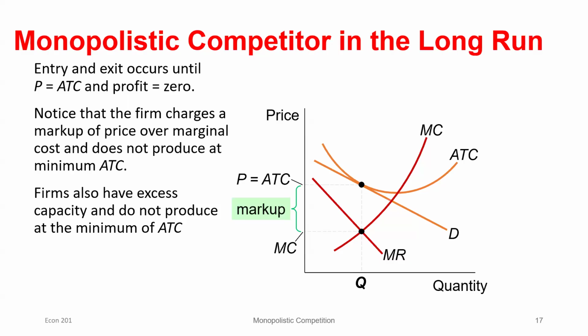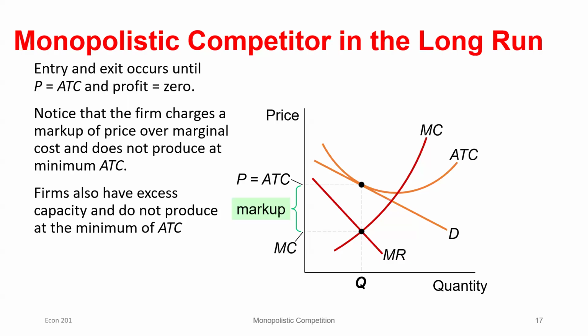It's down here. Here's my marginal revenue curve. Here's my marginal cost curve. So marginal cost is hitting average total cost at its minimum point.